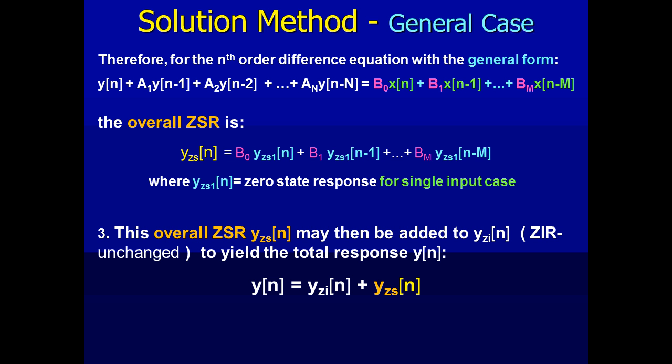Okay. So then the total response, let's call that y_T of n for the general case. The real case we came to get is the zero state response of the general case plus the zero input response, which is the same for the general case and the single input case.